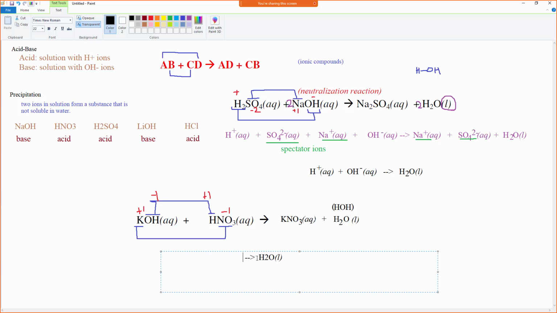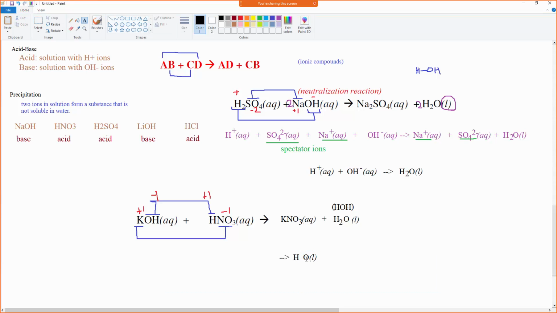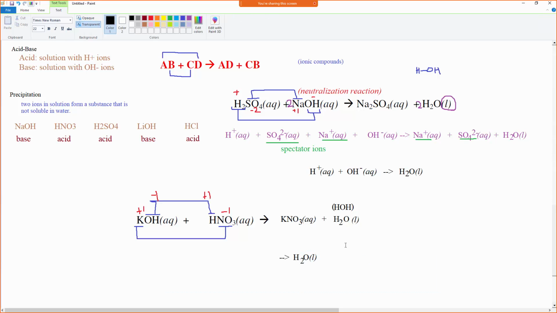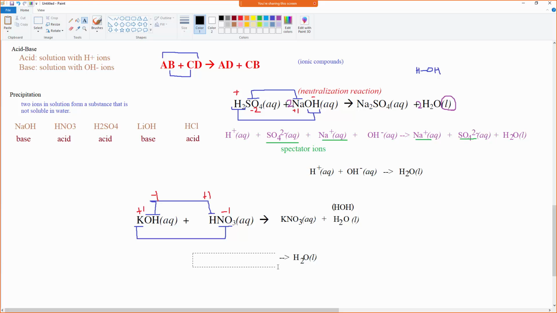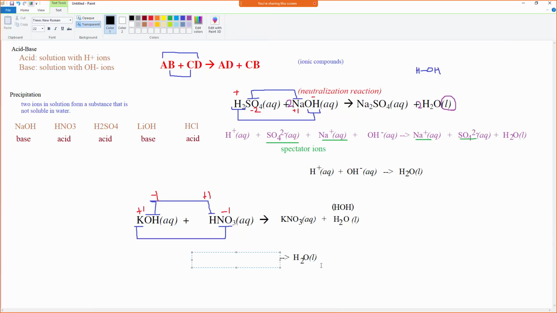And so what was used to form my water? Oh, you got it already. There was the hydroxide from the KOH. And again, I don't have to put them in this order. And then there was a hydrogen ion from the HNO3.